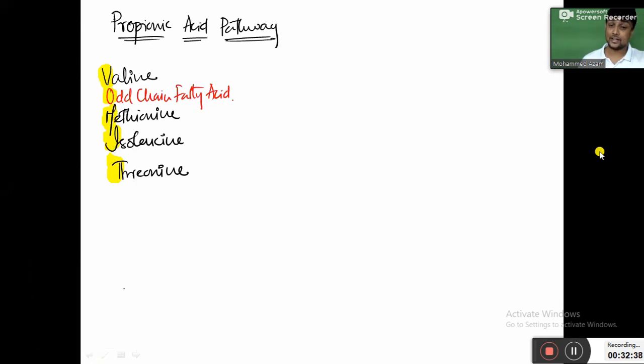Why did I write it together? When VOMIT undergoes metabolism, their end product is absolutely the same, and their end product is actually, yes, propionyl CoA.